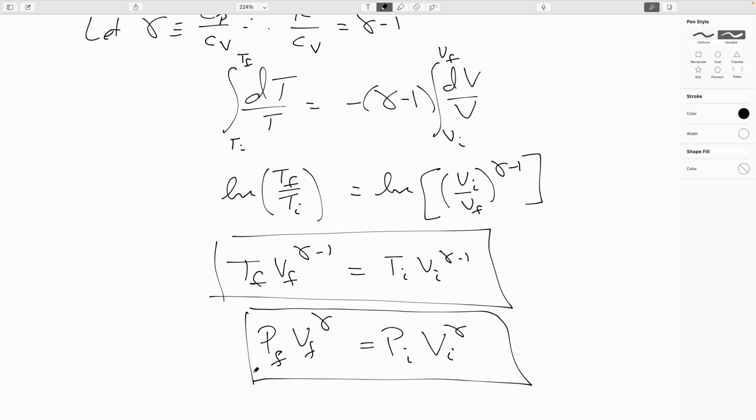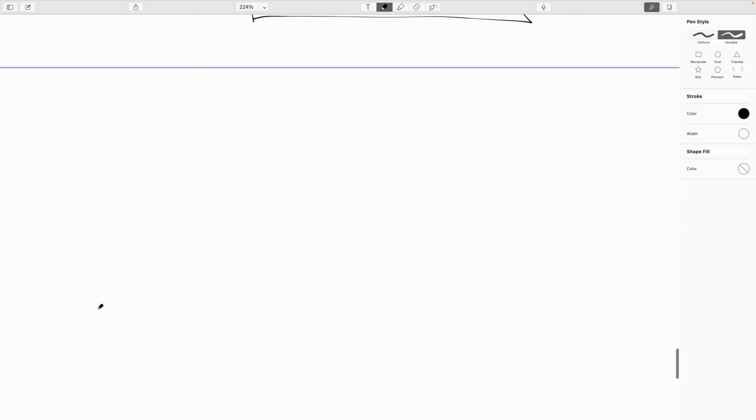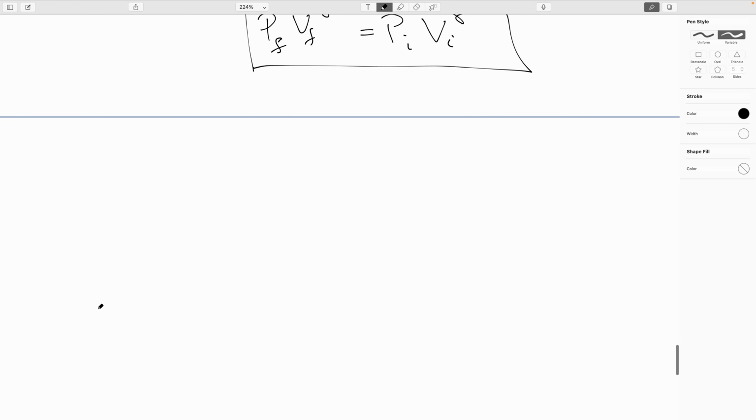And that was the result that I had promised from before. Now, for a monatomic gas, if you go ahead and plug in the values we saw, what you'll get is that gamma is 5/3 if it's a monatomic gas.